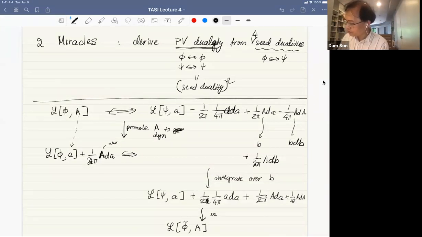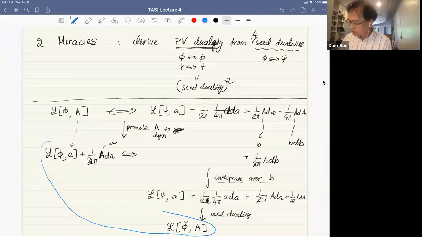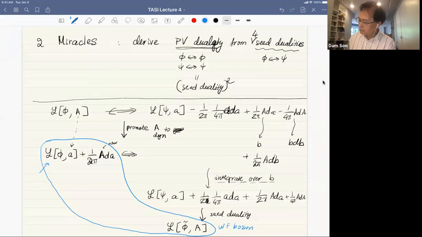So one of these four seed dualities involves mapping the theory that is obtained by integrating over B to the theory of a simple scalar field coupled to A. This way we derive the duality between a Wilson-Fisher boson and a Wilson-Fisher boson coupled to a gauge field. This theory is also called the abelian Higgs model.